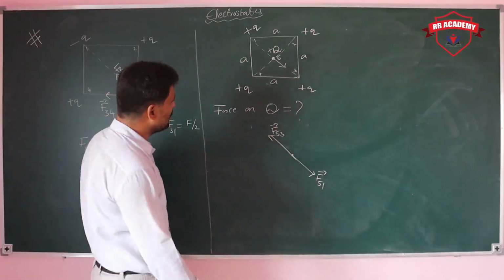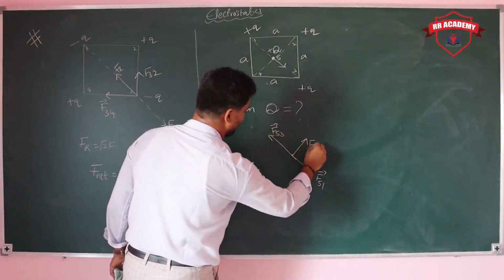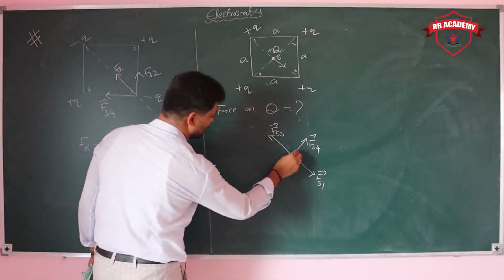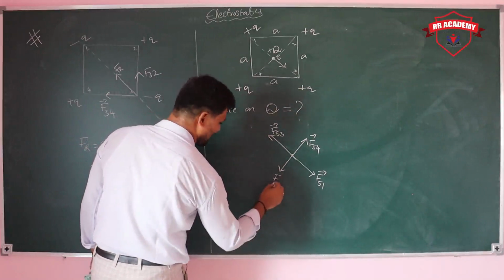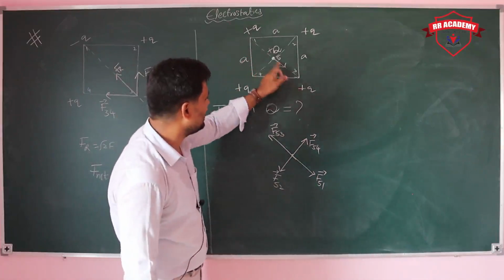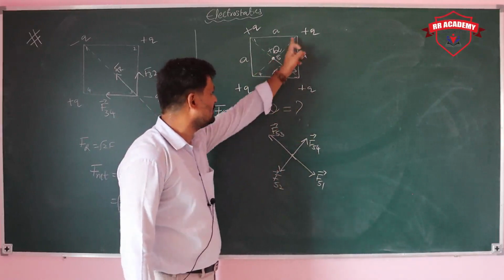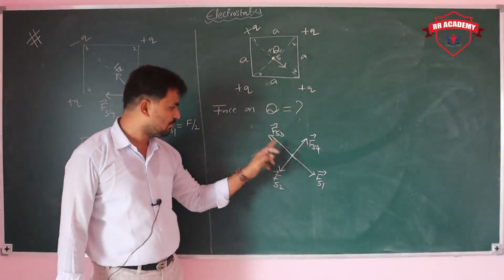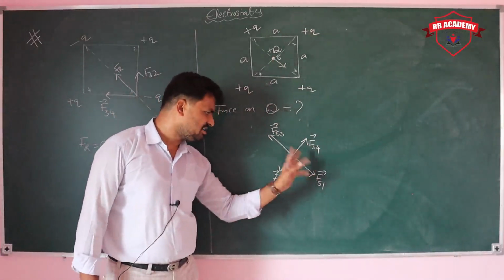The force on the fifth charge by the fourth charge, F54, and by the second charge, in this direction. Because these are identical charges, they will repel. Means these are all repelling each other, so that's why the directions are like this.